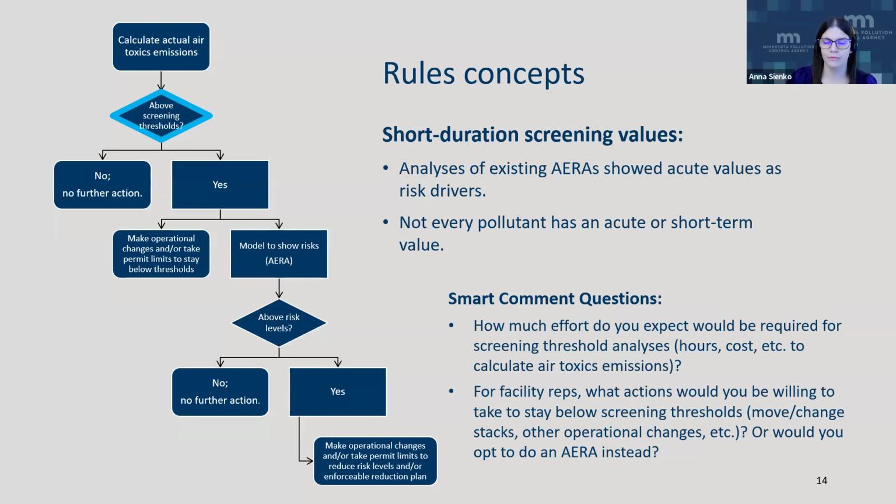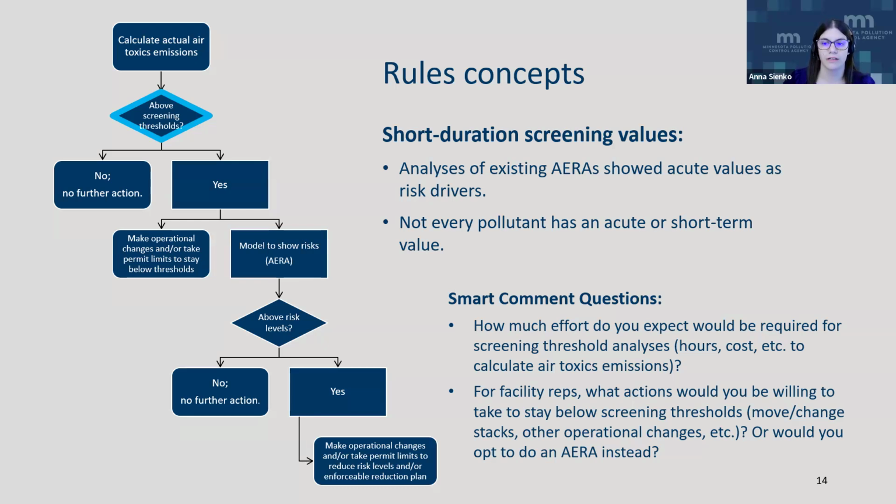Great. So a little more detail on those short duration screening values. We're looking into the short duration or less chronic screening values. To assess the risks, the facility would have to provide a pound per hour number for each pollutant. However, there are fewer pollutants with an acute or short-term risk compared to a chronic risk number.